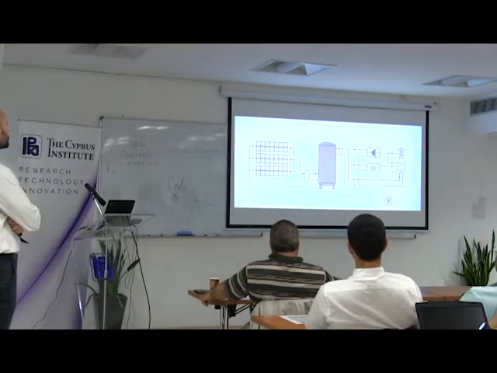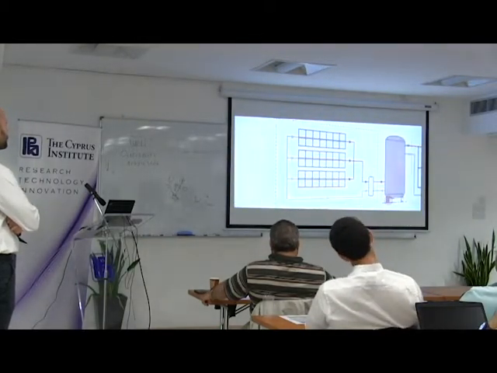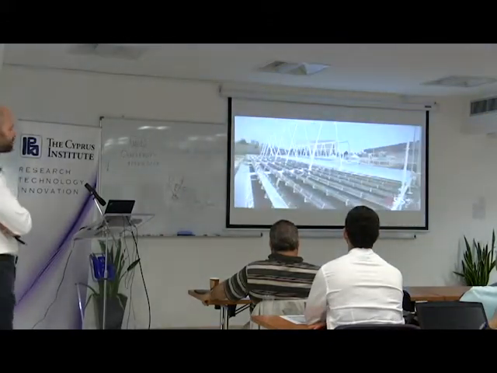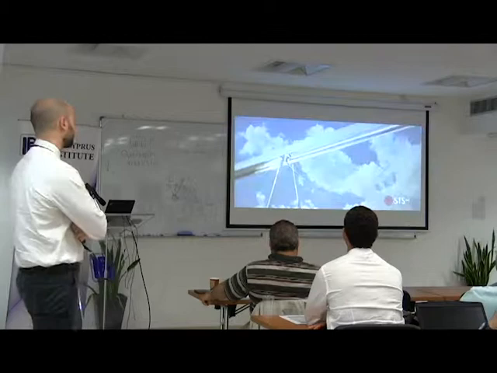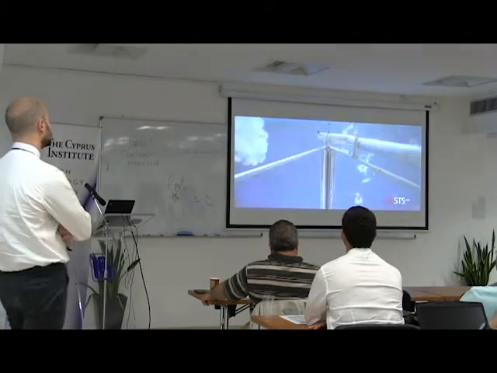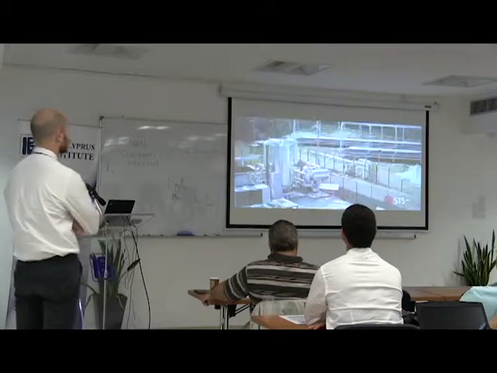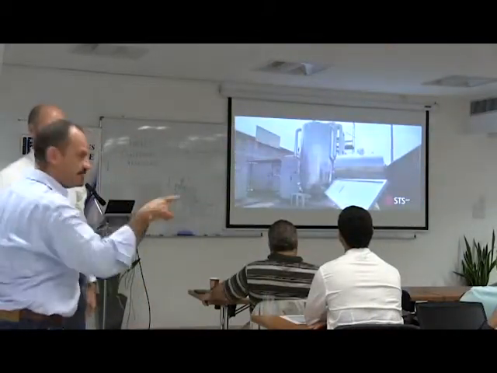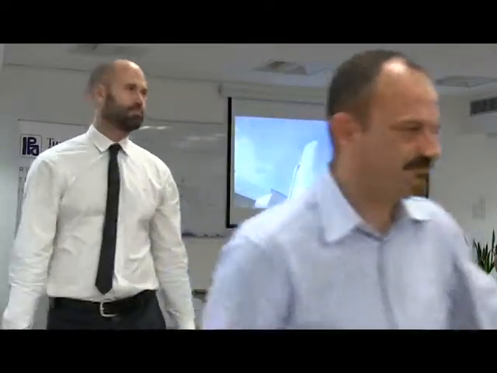We have installed here 3 linear Fresnel collectors, mirrors able to heat an oil, the thermic oil inside the absorber tubes. We heat the oil to about 250 degrees and we store all this energy inside thermal storage.